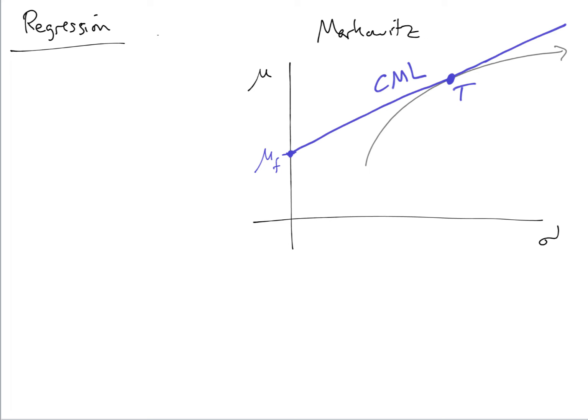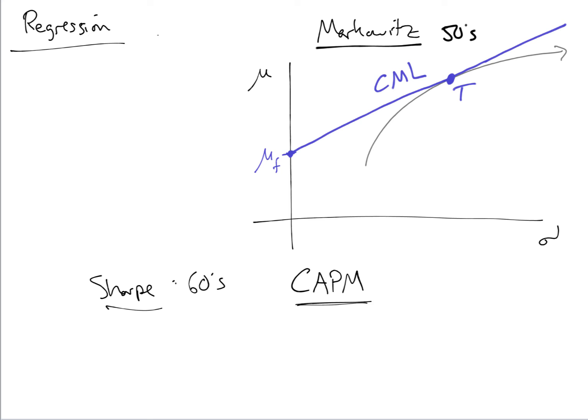And this is where we get into the transition from Markowitz's work in the 50s to Sharpe's work in the 60s. And Sharpe worked with Markowitz, and Sharpe completely builds his model, which is the famous capital asset pricing model, which we will study in detail.